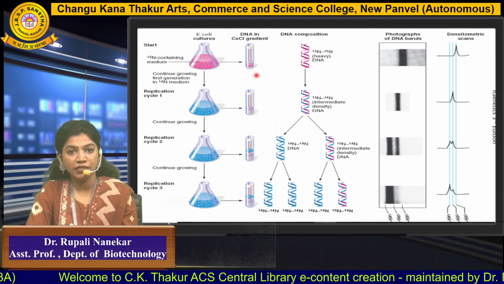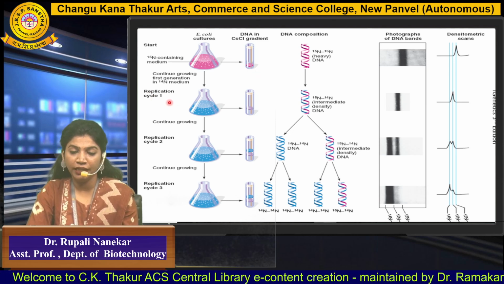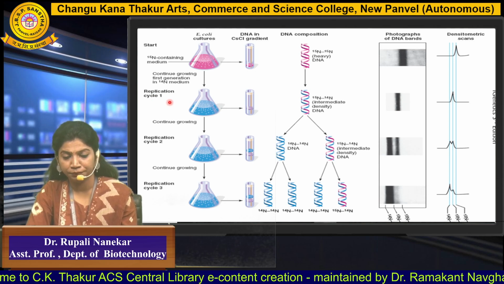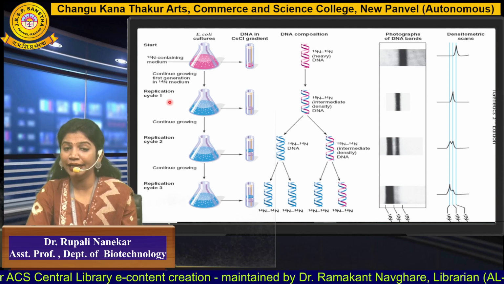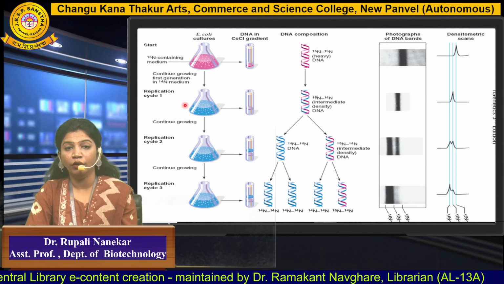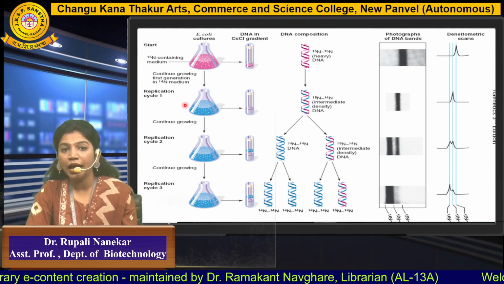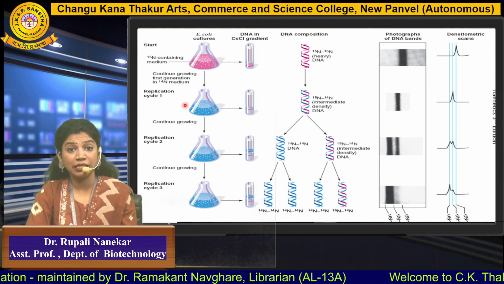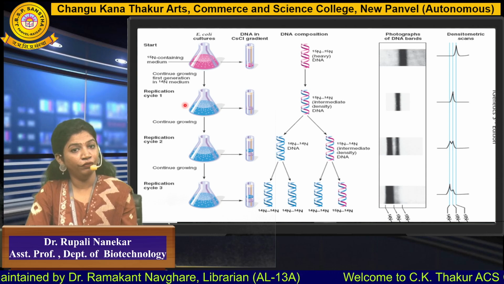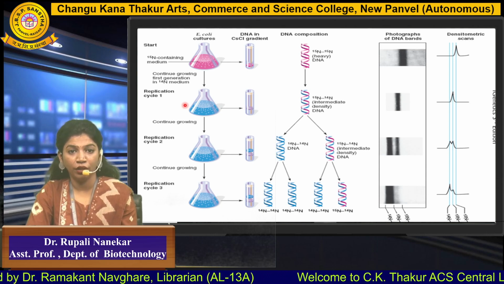Then they allowed this generation to grow for one replication cycle in N14 medium. Now, E. coli is utilizing ammonium chloride in the N14 version. If the parental strand and the new strand are working as a semi-conservative model, then 50% of the progeny comes from the parent.